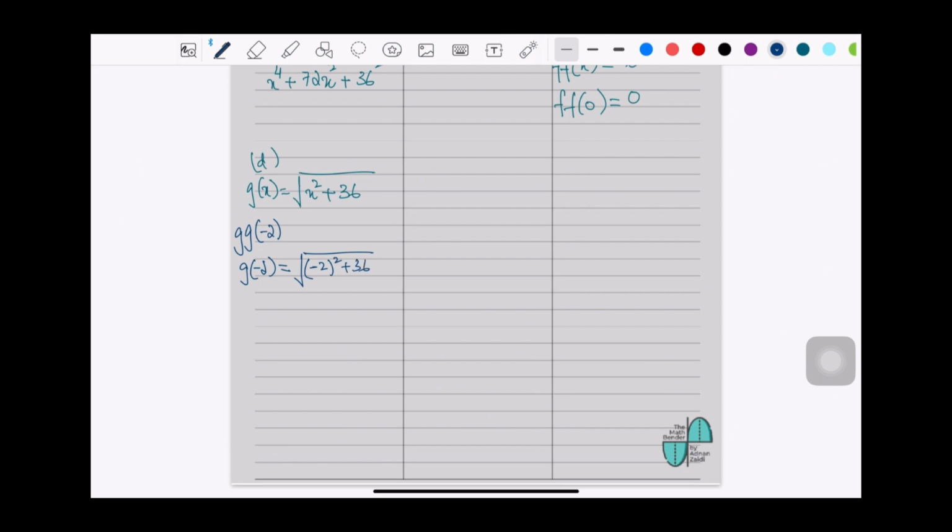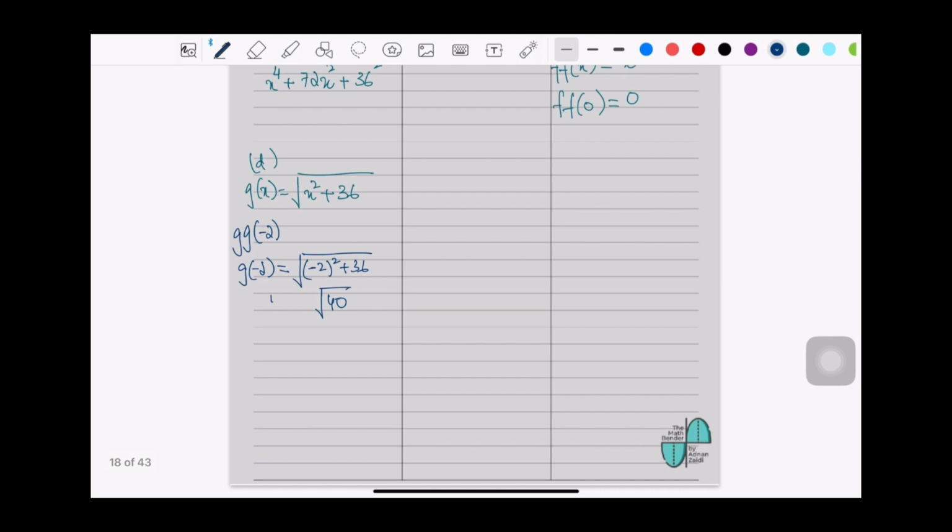So negative 2 squared is 4 and 36 plus 4 is going to be root 40. This is the value of g of negative 2. You place this value in the function again. So rather than writing g of g of negative 2, you can straight away write g of root 40, because the value of g of negative 2 is root 40.